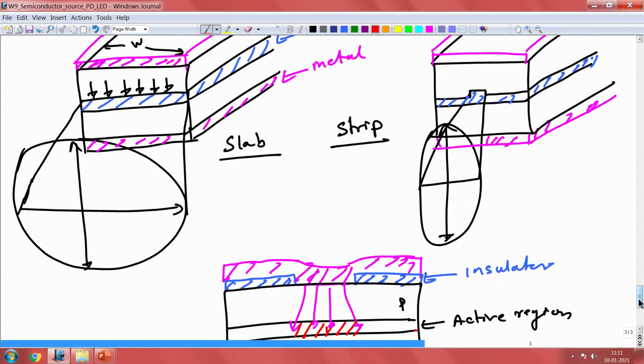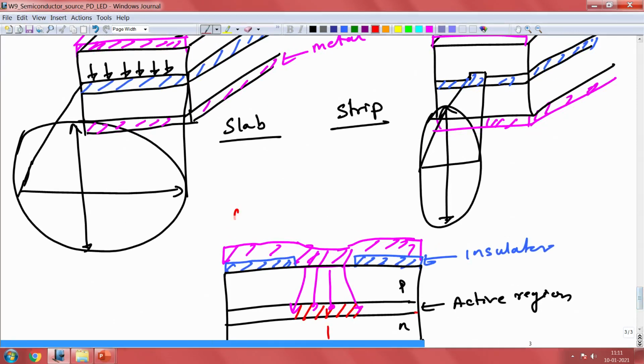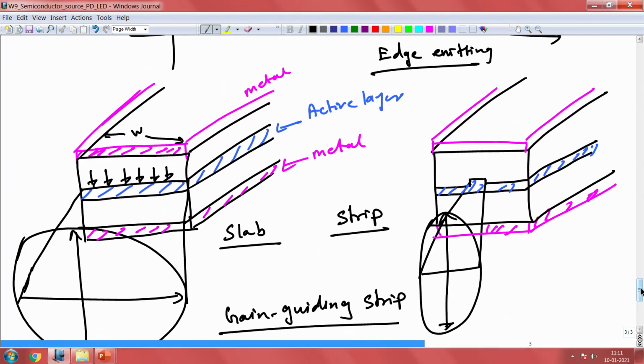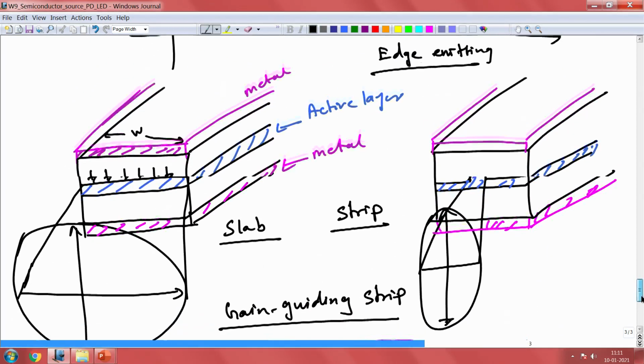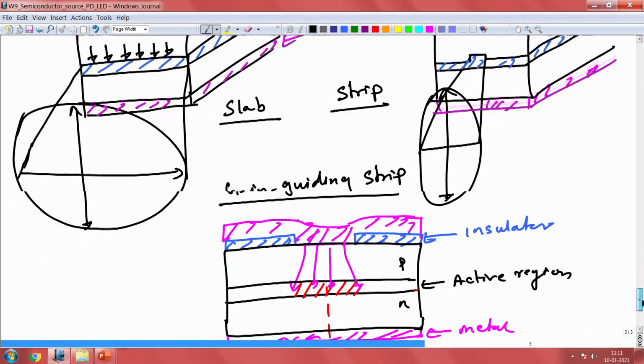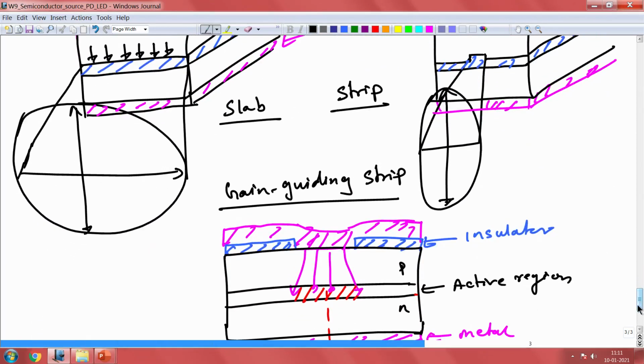So, this is a gain guiding strip, right. This is called gain guiding strip. The strip is a physical change in the waveguide or the active region we had, but in gain guiding you are just modifying your injection.